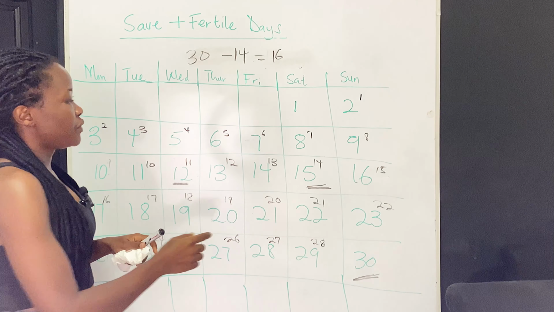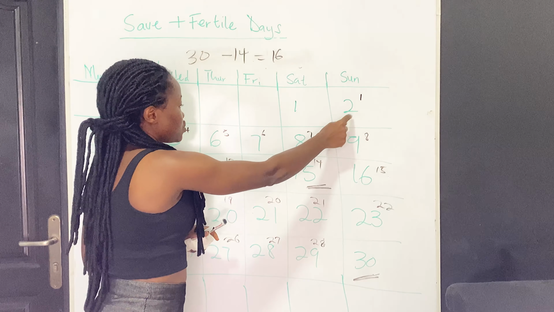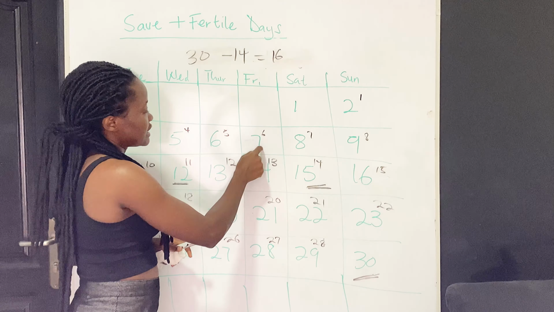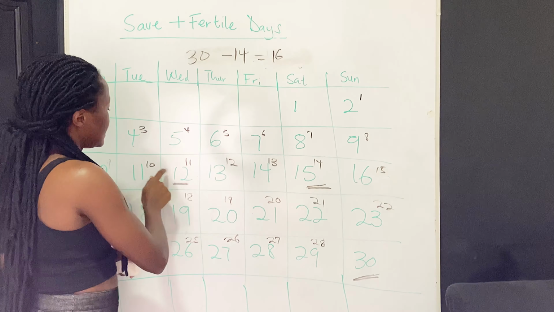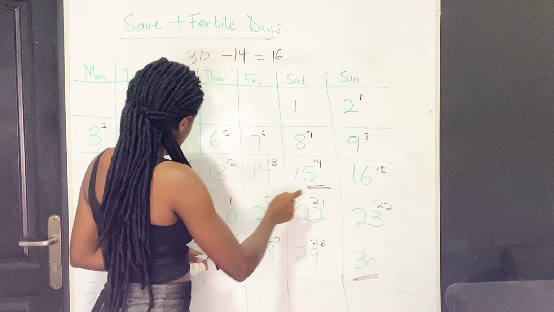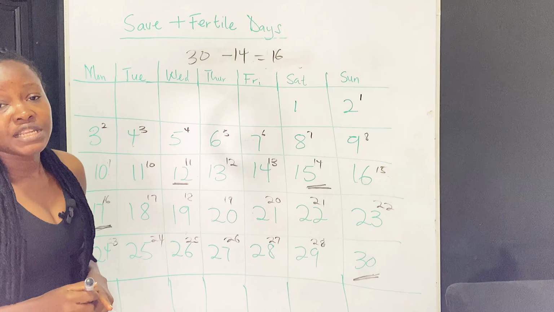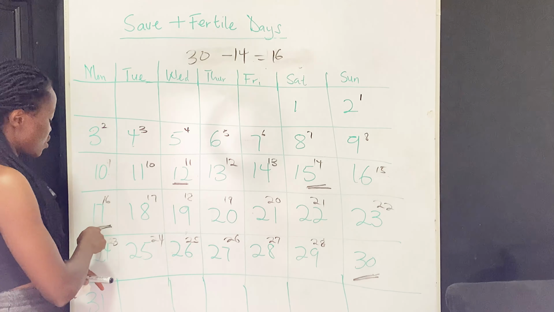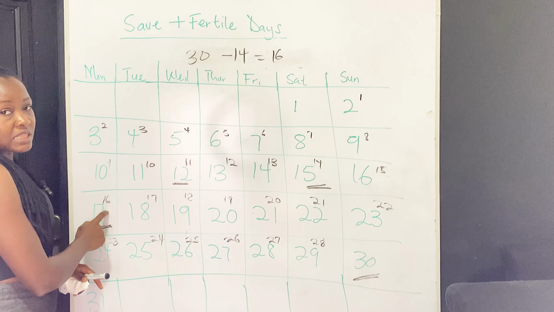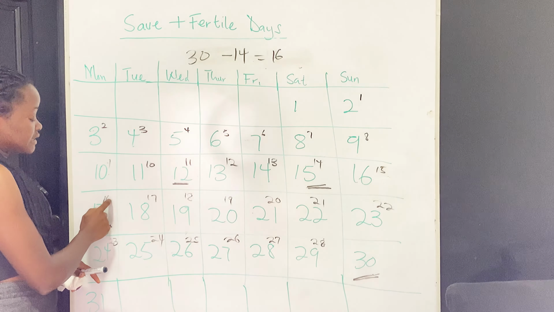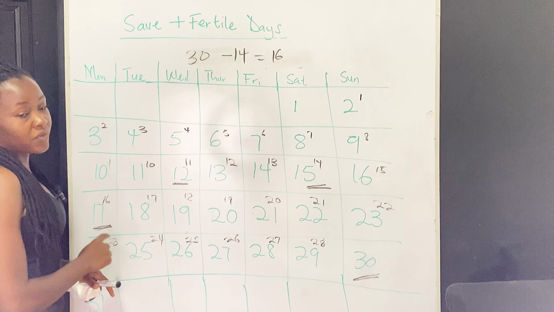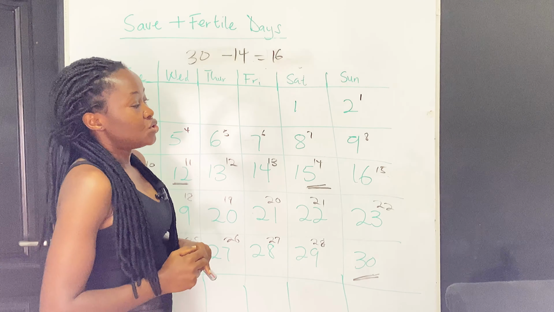So 16, we are going to count from day 1. So 1, 2, 3, 4, 5, 6, 7, 8, 9, 10, 11, 12, 13, 14, 15, 16. If Priscilla has a 30-day cycle, she is expected to ovulate on the 17th. That's her 16th day. She's expected to ovulate on the 17th of July.